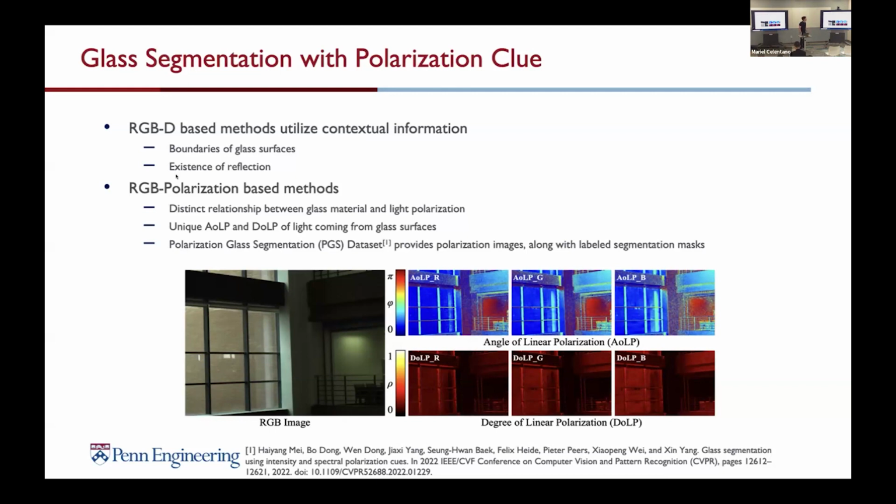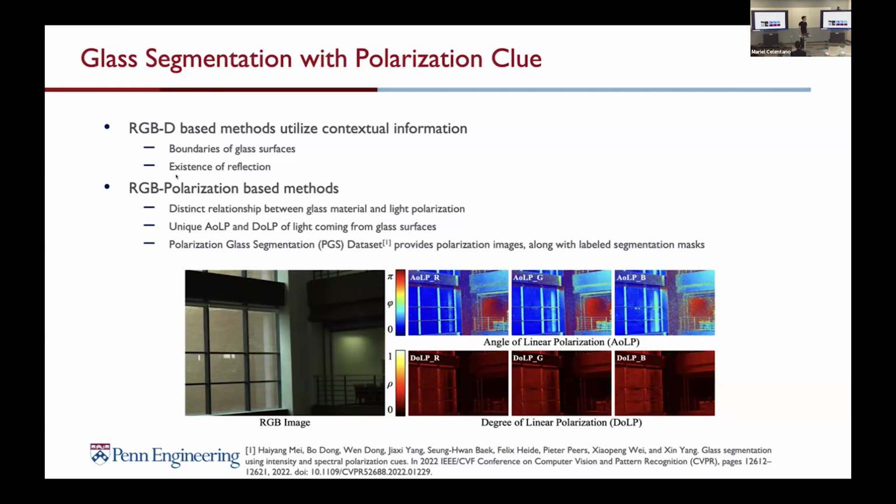In recent years, people have tried to use RGB plus polarization information to do the same thing. The motivation is that the light coming from glass windows or transparent objects usually has a distinct polarization property, meaning their angle and degree of linear polarization will be unique. This thesis also utilizes the same motivation.